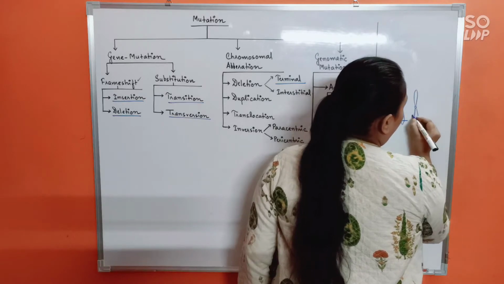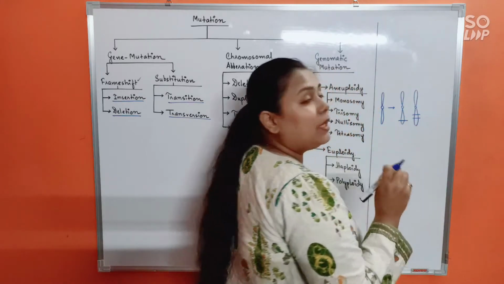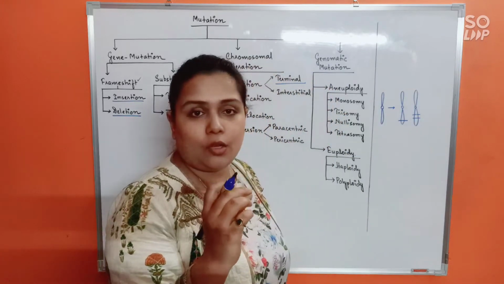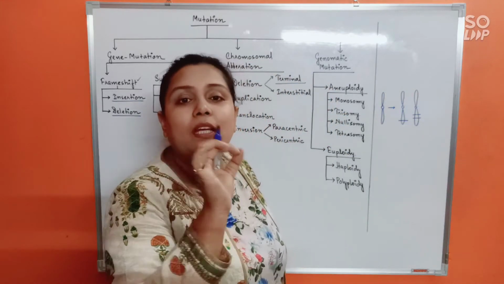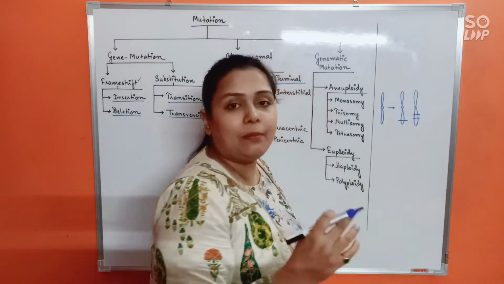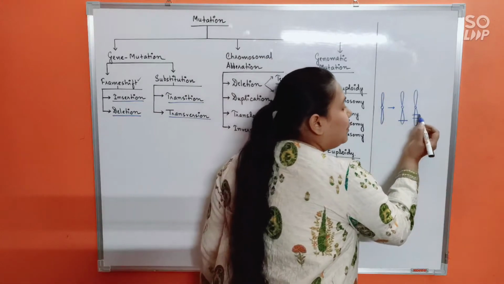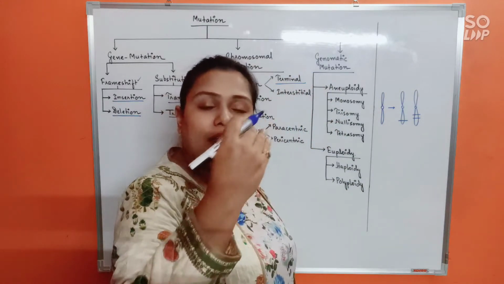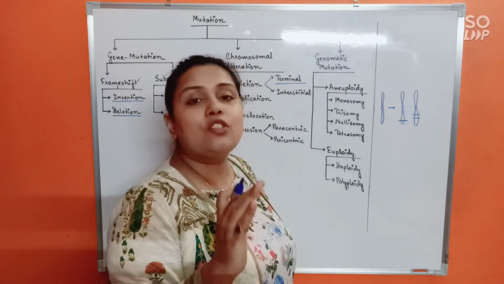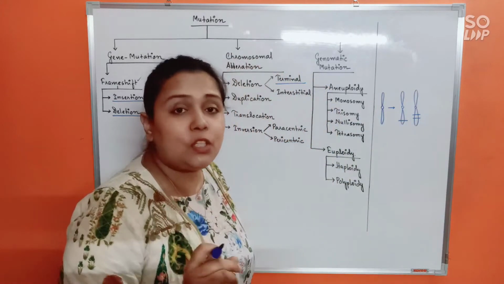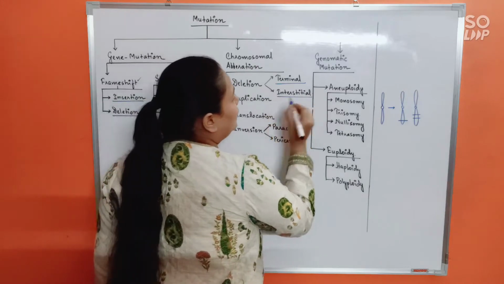And if a part of it gets deleted from in between, there has to be a double cut, isn't it? By a single cut, only a terminal end can be lost. From in between, if a part has to be lost, then it has to be a double cut happening in the chromosome. So by double cut, in case a part of the chromosome is missing from in between, we will call it interstitial.